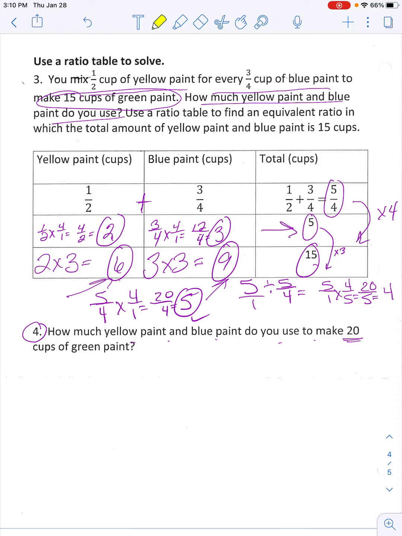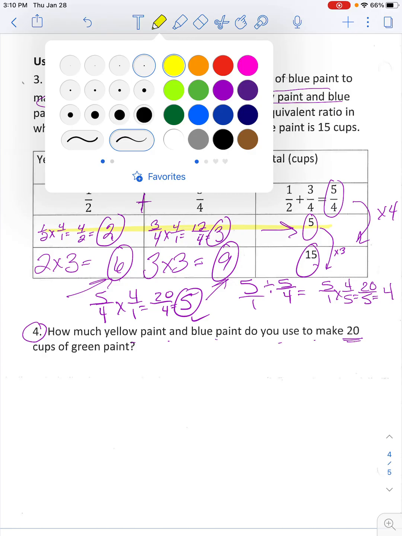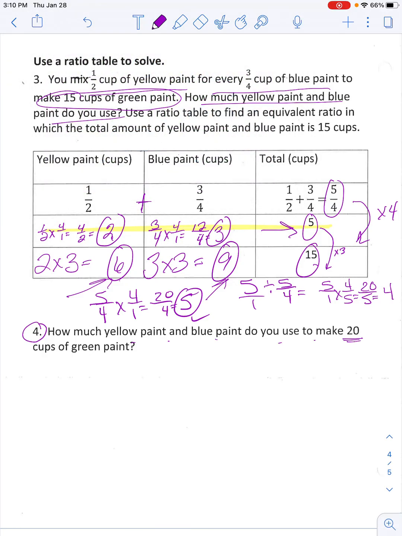So let's not look at that row. Let's look at this middle row. I know that I can get from 5 cups to 20 cups by multiplying by 4.